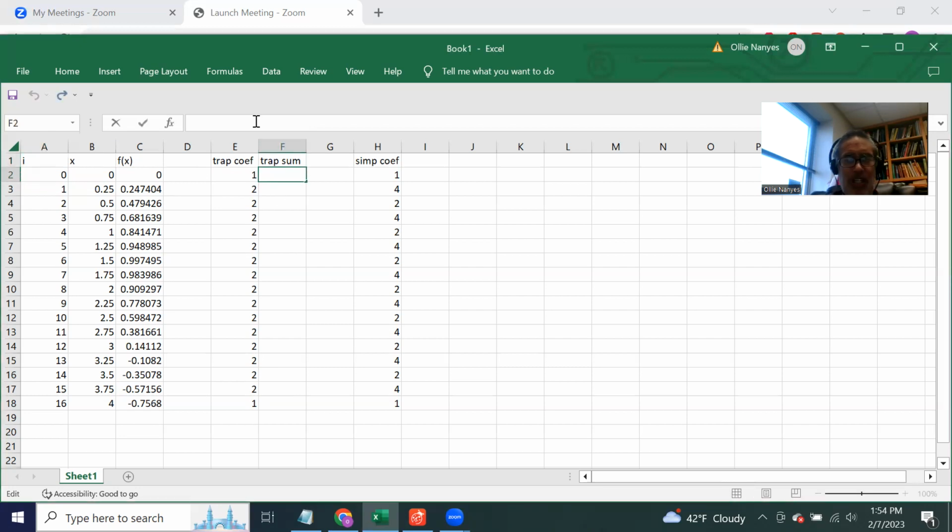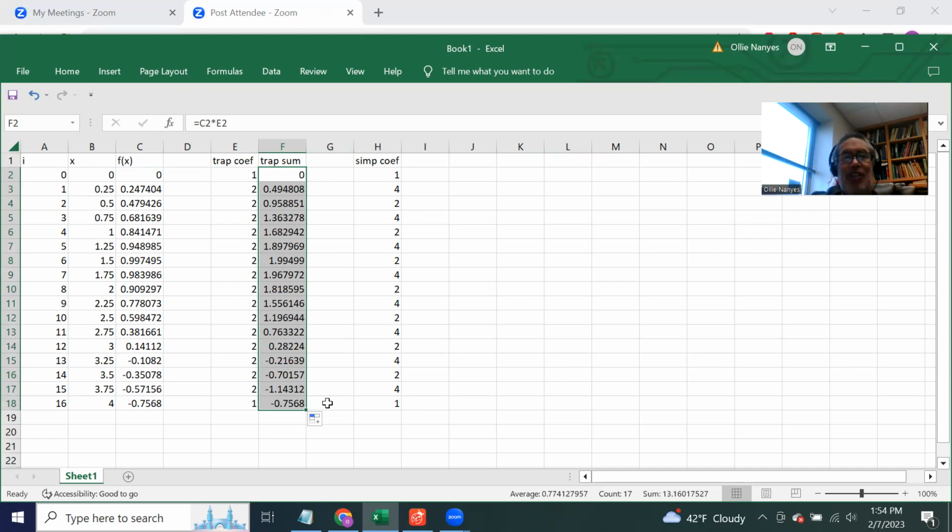Then use the function space to multiply C2, that's the function there, times E2. You're going to do this for every value of x. So just hit Control C to copy, and then scroll this down, and it does the multiplication automatically for you.